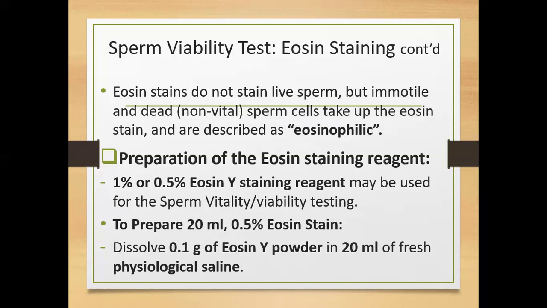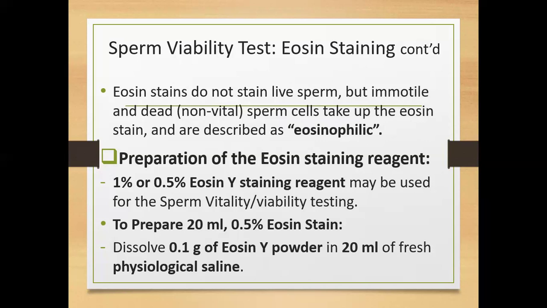So as a test case, I just want you to be able to prepare 20 ml of 0.5% eosin. All right. So what you do is, if you have 0.5% eosin, it means that you weigh 0.5 grams in 100 ml.